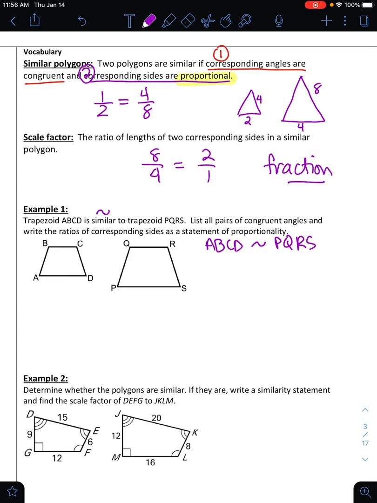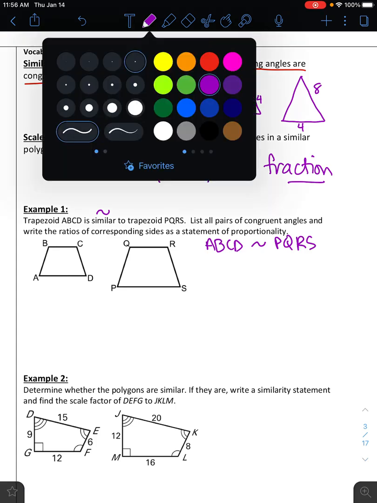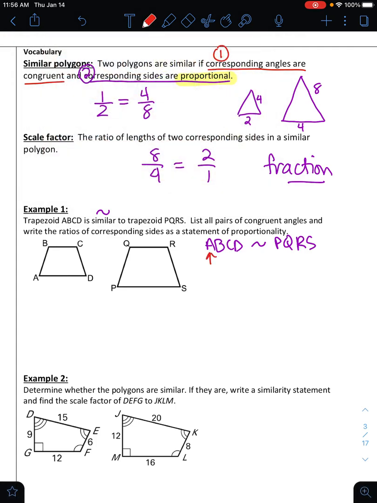So remember, we can go off of the order of the names. So A and P come first. So angle A is congruent to angle P. I'm just going to keep writing the other 3 out based on how it's listed.